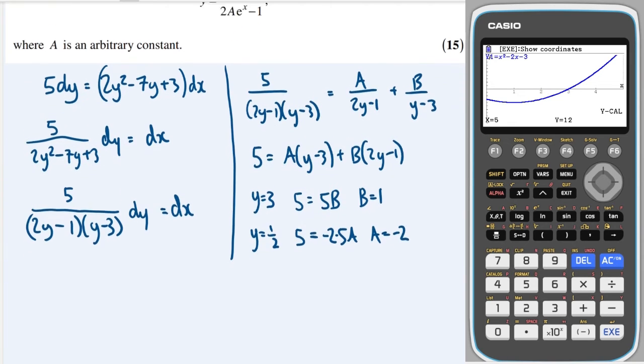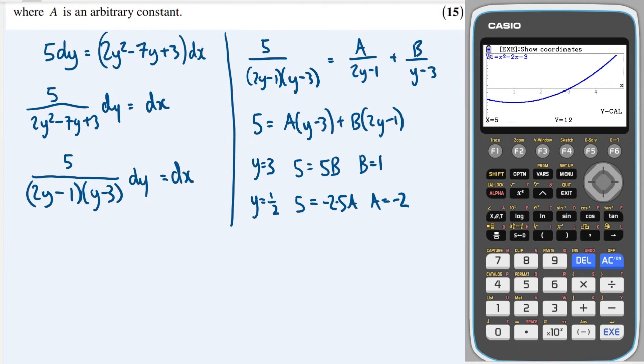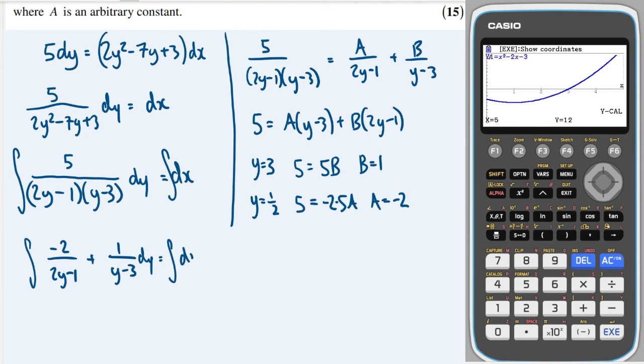That means I can now integrate both sides, because what I'm actually integrating now is, a is minus 2, so minus 2 over 2y minus 1 plus b is 1, so 1 over y minus 3, and on this side I'm just integrating dx.